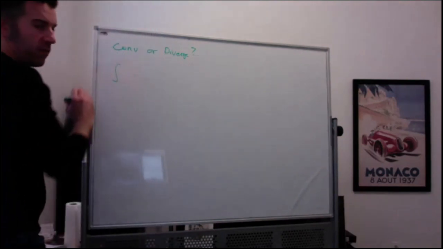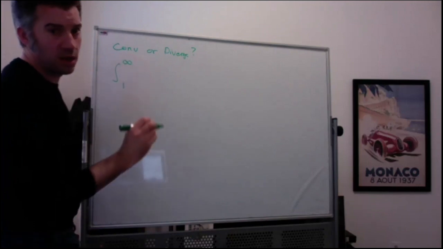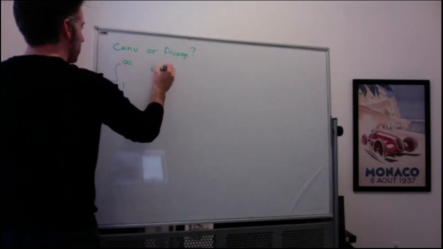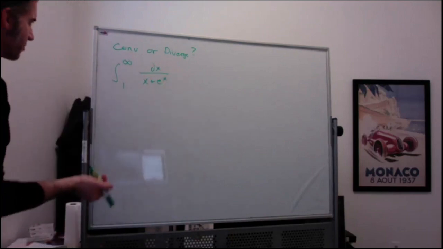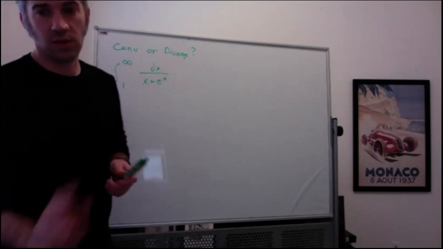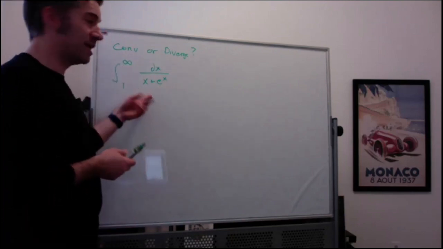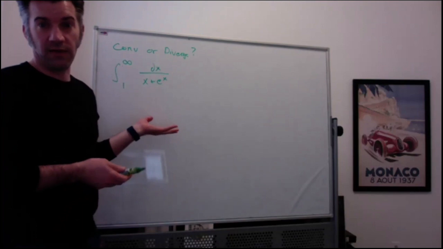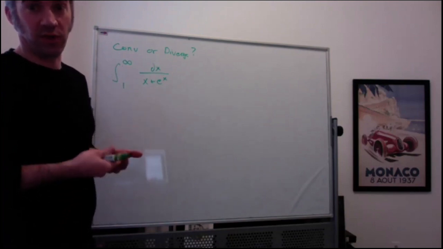The integral from 1 to infinity of dx over x plus e to the x. So to use the comparison test, you have to have a function or integrand that's always positive, and you have to be able to compare it to something that we know has an integral that's either convergent or divergent.